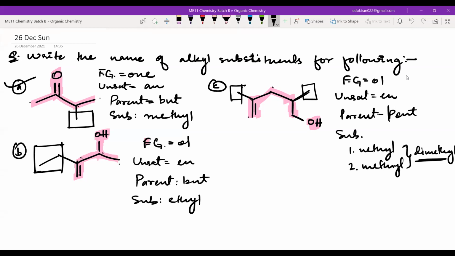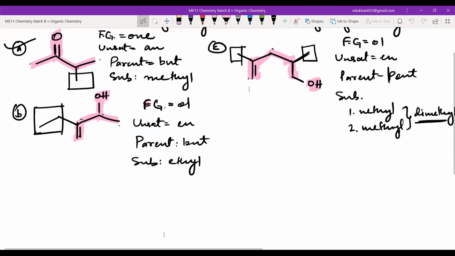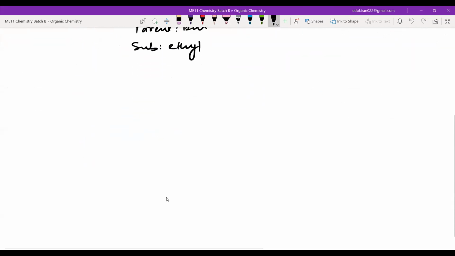So I think most of you guys are okay with the alkyl substituent. Now I want you to try out this question, all of you. What is this? D. Okay, try this.